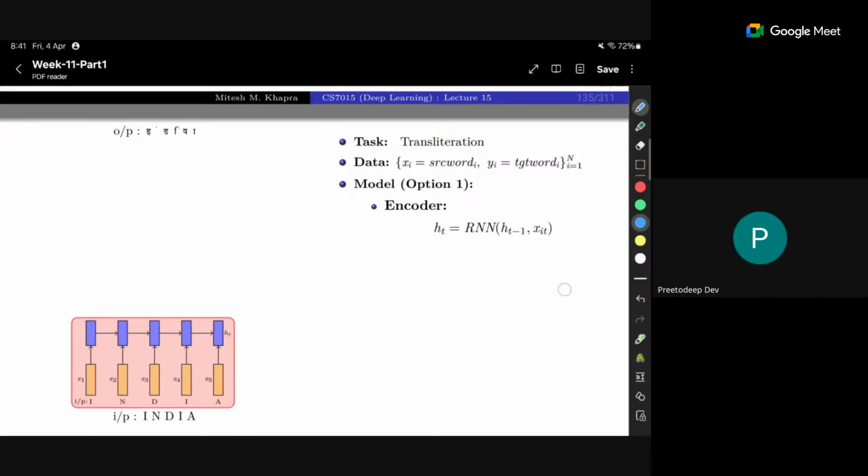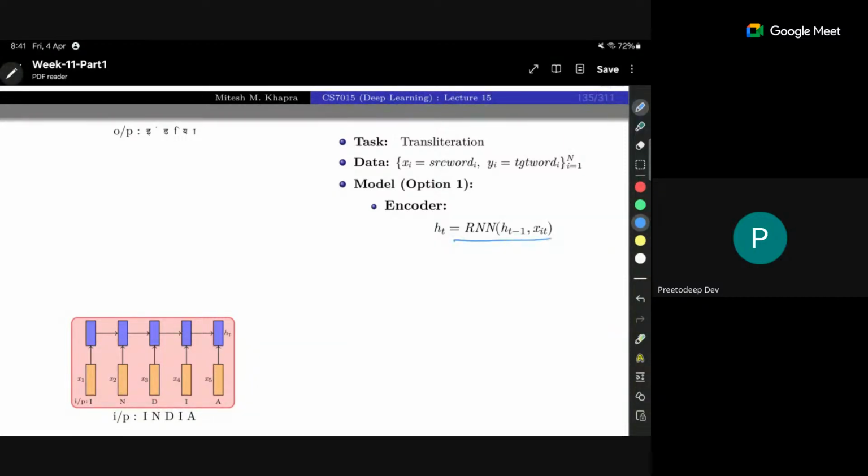So what will I use as encoder? What will I use as decoder? Encoder I'll use RNN, I already showed it.